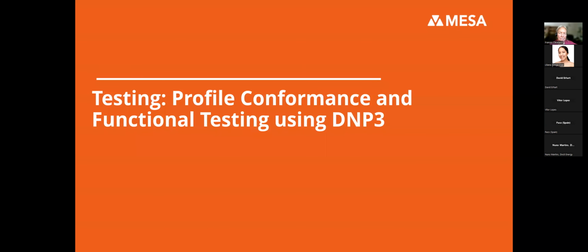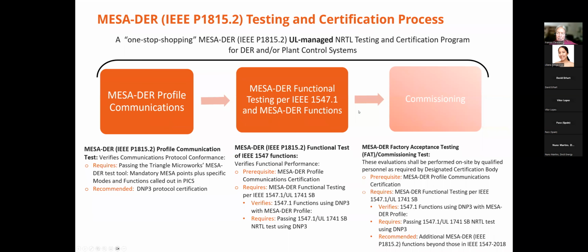Okay, I'm going to now jump to the testing. One of the things that we are now working on is testing both the MESA-DER profile communications. This is the spreadsheet. We're calling it the profile communications, but it really is the spreadsheet.